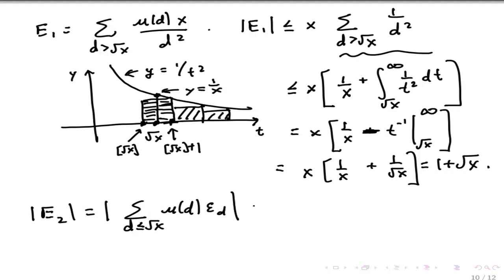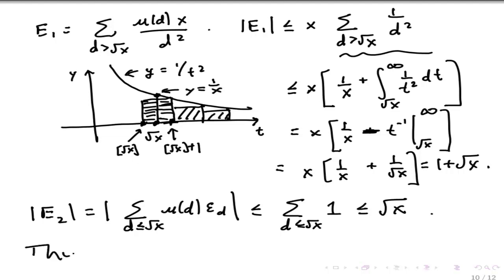So bring the absolute value inside, use the triangle inequality. The absolute value of mu is bounded by 1. And these epsilon d's, those are also bounded by 1. Those are the little fractional parts. So this is just bounded by 1, and so we're just summing up how many positive integers are there up to the square root of x, and that's certainly less than or equal to the square root of x.